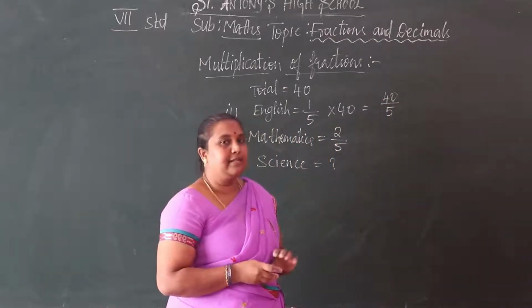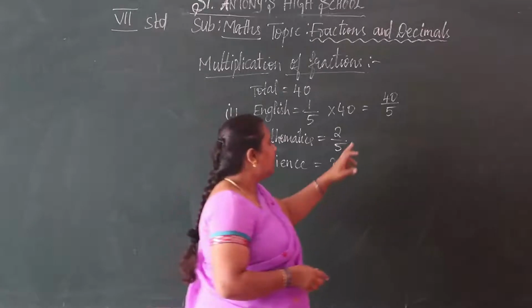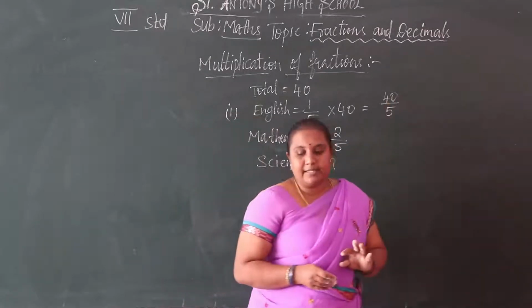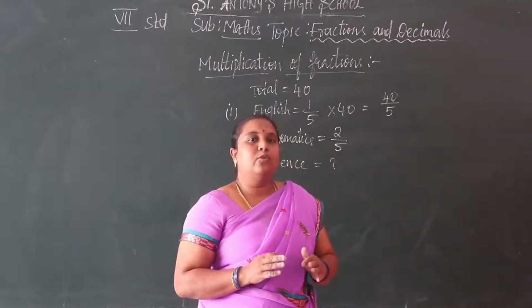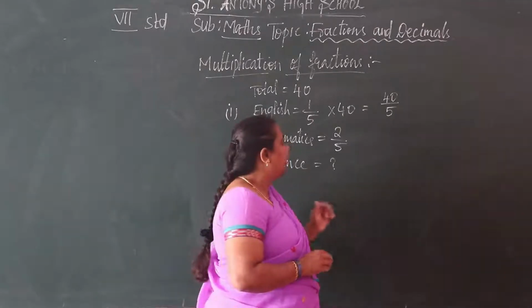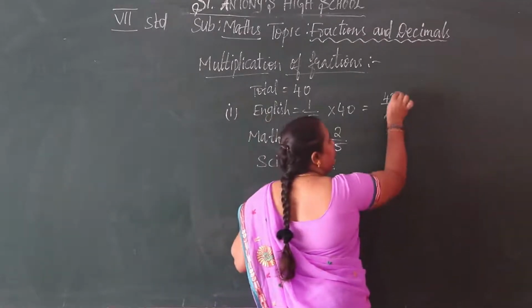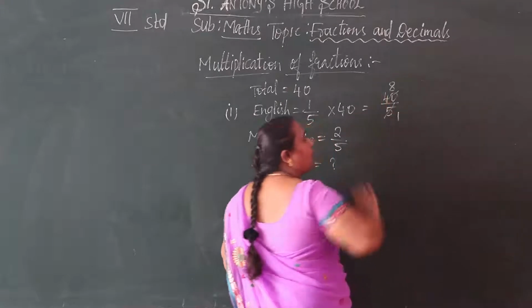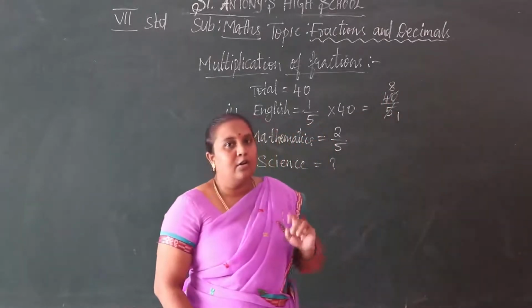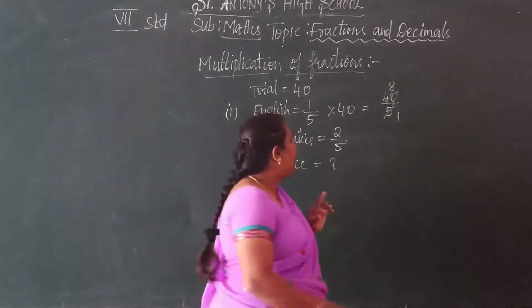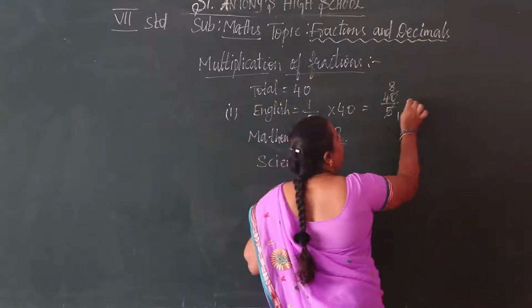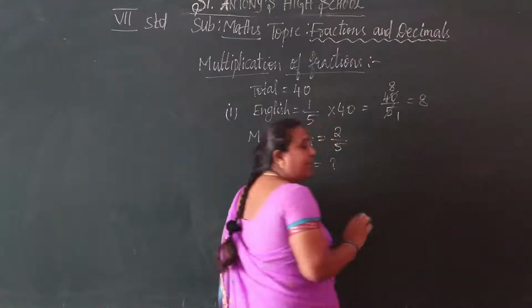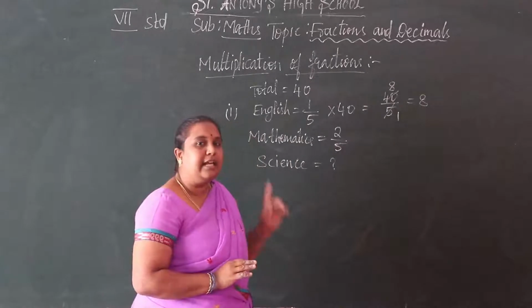Now we want to cancel this, because here the numerator is greater than the denominator. Now see, 5 9s are 45, 5 8s are 40. Is it right? So now 8. So how many students like to study English?